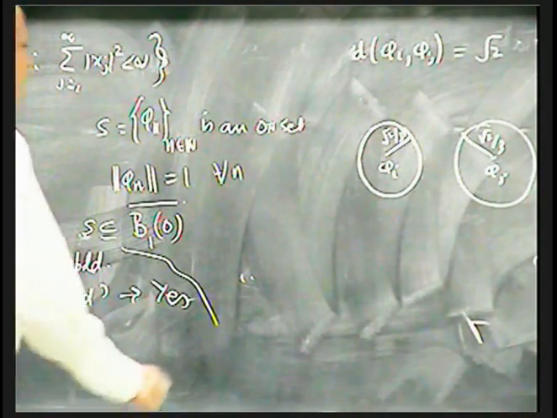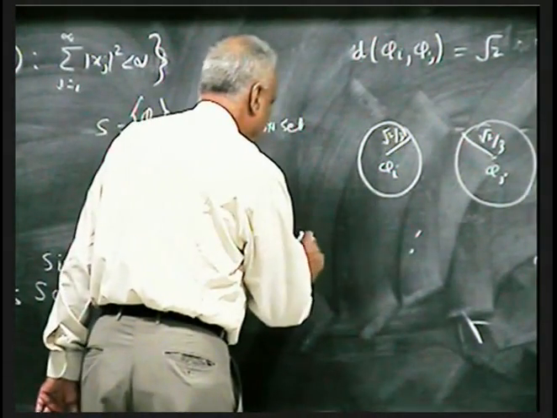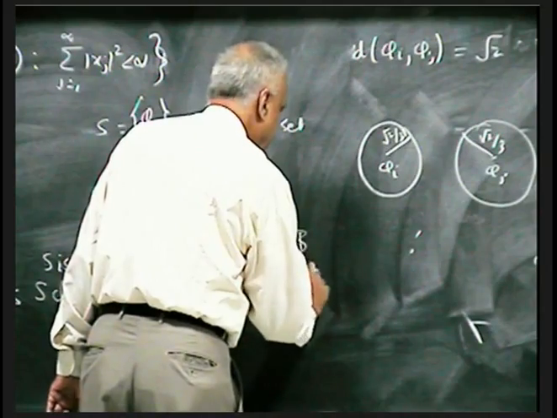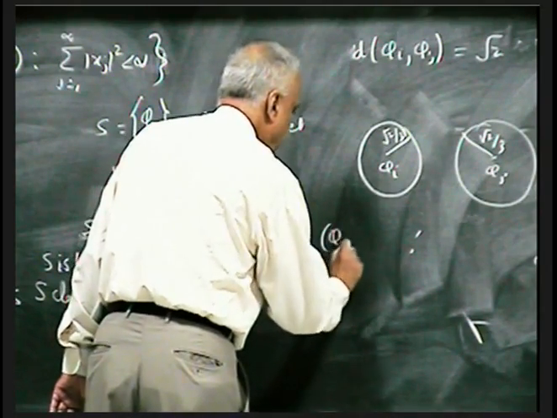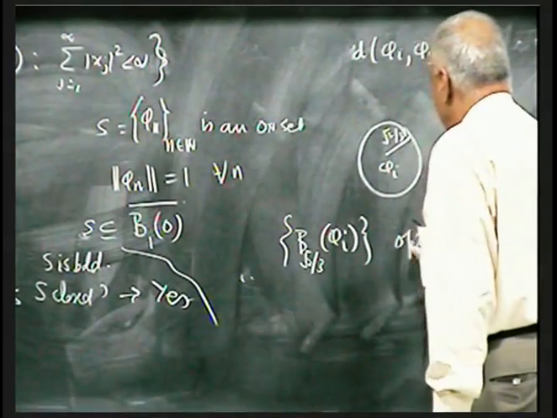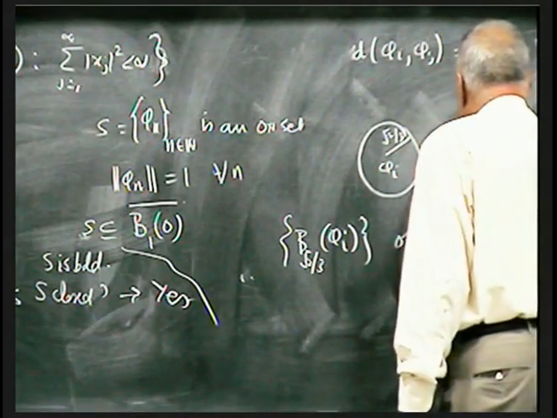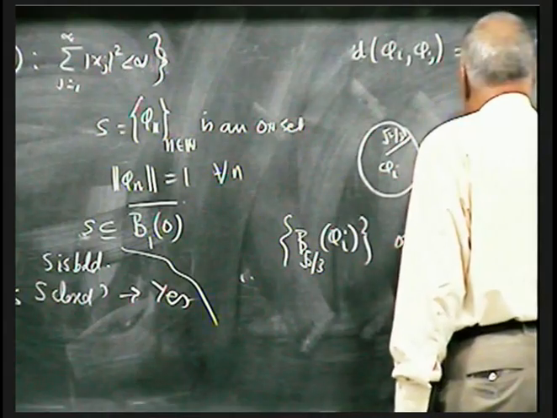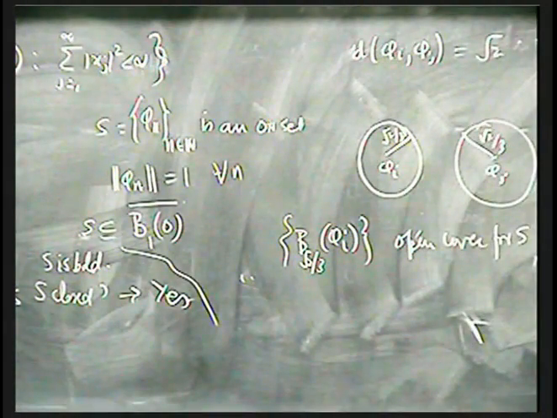So the balls of radius root 2 by 3 about phi i form an open cover for S. Can it have a finite subcover?